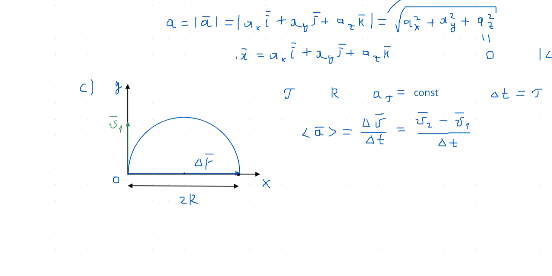It must be like this, to the right, I think. No, no, the direction of velocity is always the direction of motion. It means that for example, for this point we have this direction, and here we have this direction.